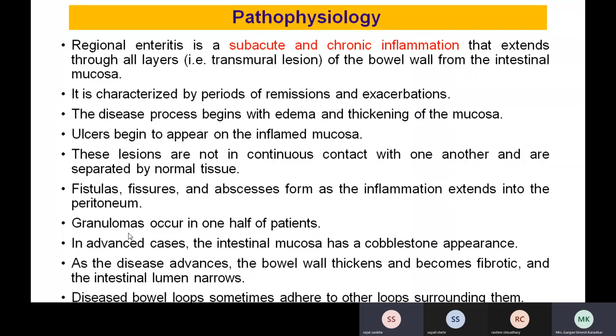Sometimes it's benign. Yes, benign in nature. They mostly don't turn into cancerous. Do you remember any condition with granuloma formation?